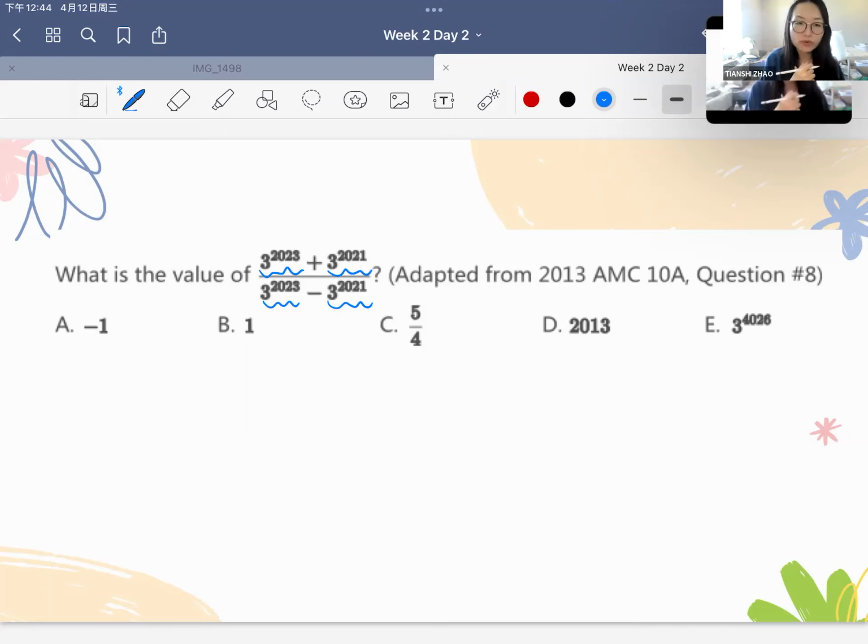But something we could do is to find some common factor within these numbers. So 3 to the power of 2023. What's the relationship between this number and 3 to the power of 2021? Actually, 3 to the power of 2023 can be rewritten in the form of 3 to the power of 2021 plus 2, right?